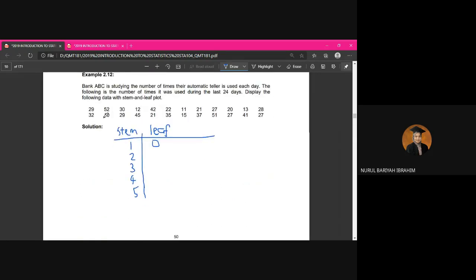Okay. 1, 0, 1, 1. Okay, we have 1, 2. Okay, we have 1, 3. Ada lagi. 1, 4 tak ada. 1, 5.